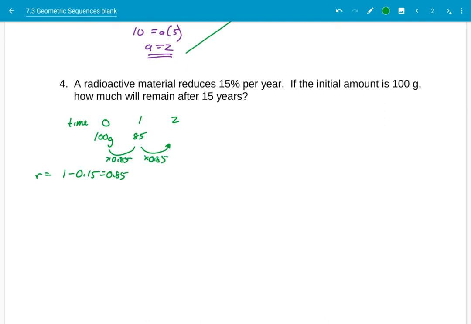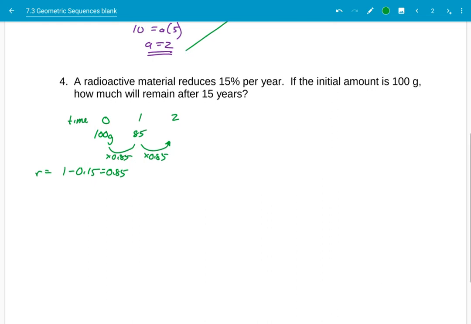Let me just grab my calculator. 85 times 0.85 is 72.25. We could keep going for 15 years, but that's a lot of work. The initial value is not 100 grams. It is the first value after 1 year, so it's 85 grams.